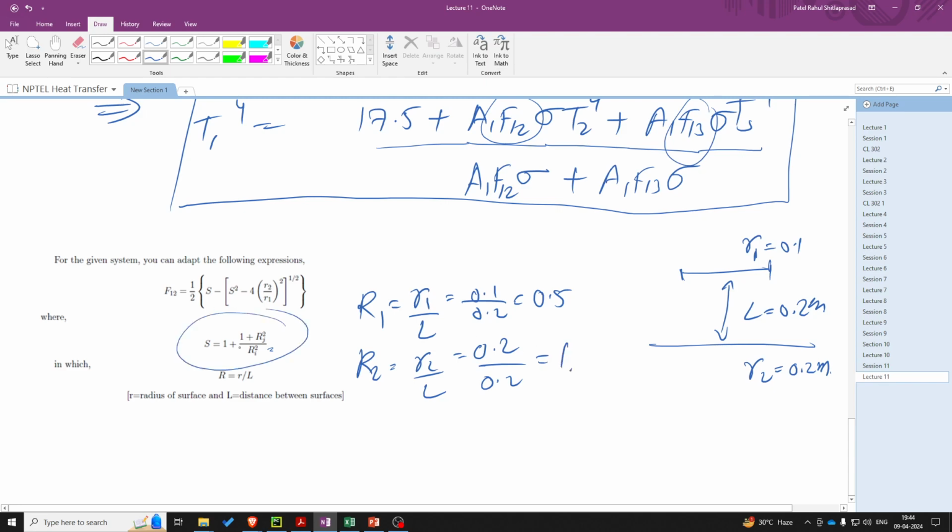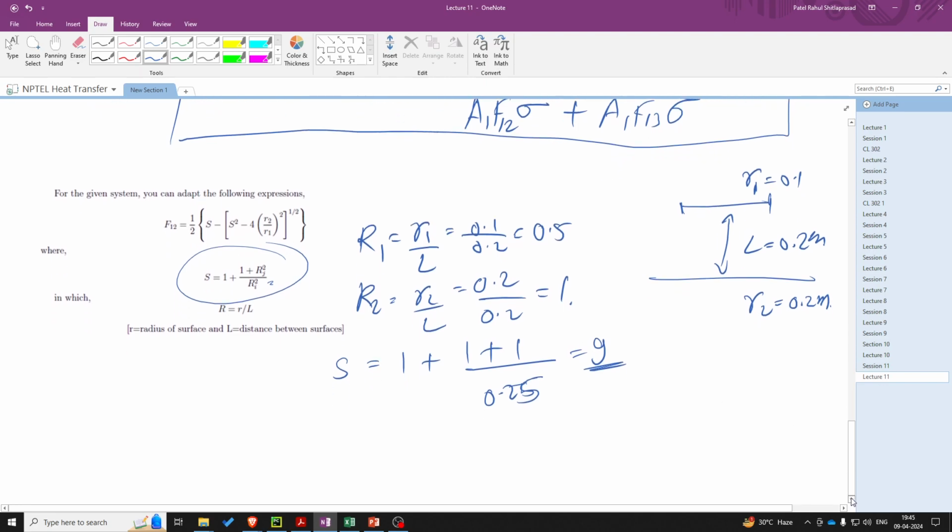So you can calculate this value of S. So S will become 1 plus (1 plus R2 square) upon R1 square. R1 square is 0.5 whole square, which will become 0.25. So this will become 1 plus 8, which will be equal to 9. So the value of S is 9. Now we need to put it over here.